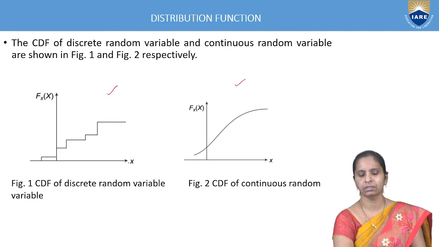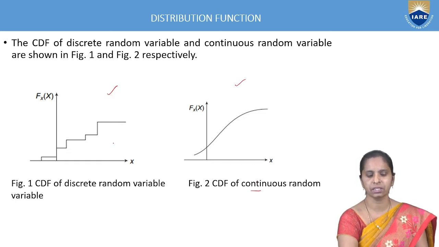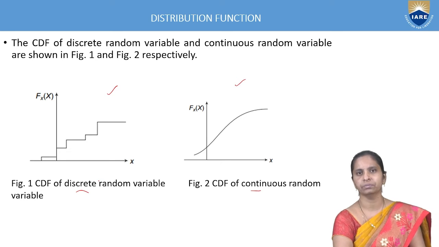The second figure represents the distribution function of a continuous random variable, and you can observe that the distribution function is also continuous. The distribution function for a discrete random variable is like a staircase waveform.